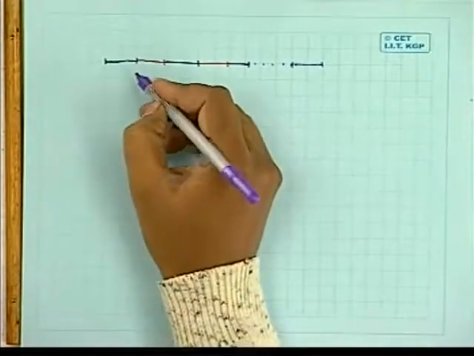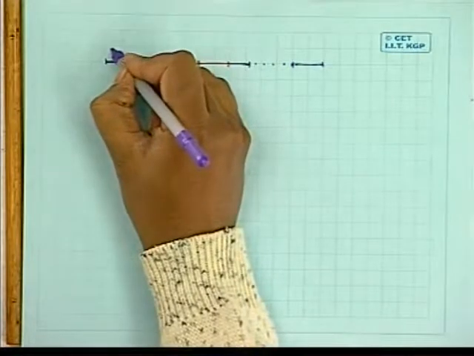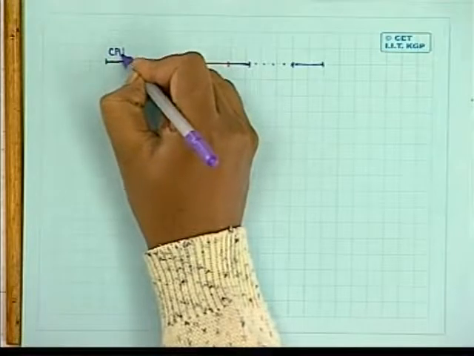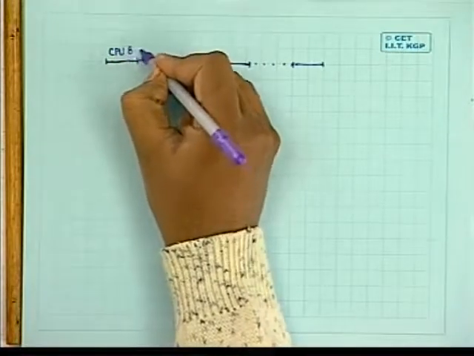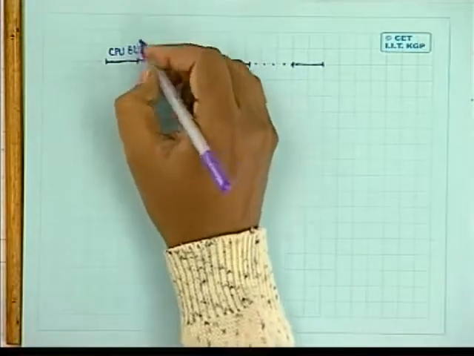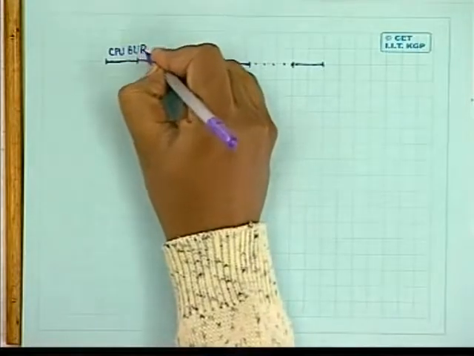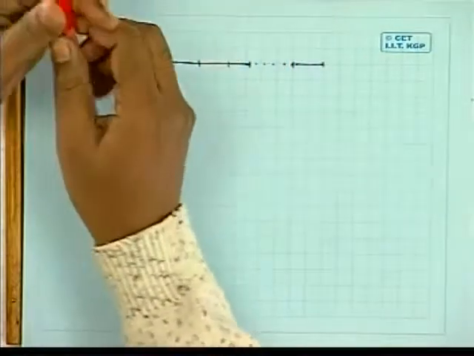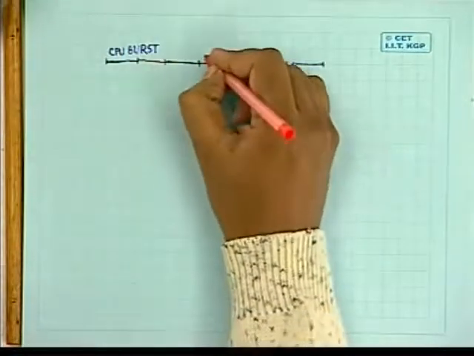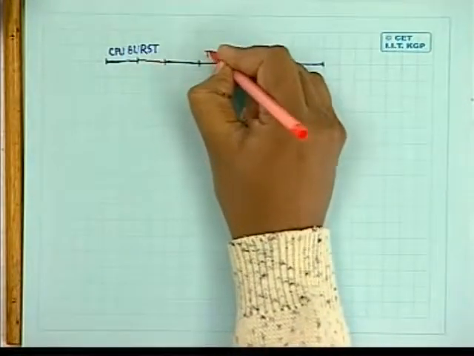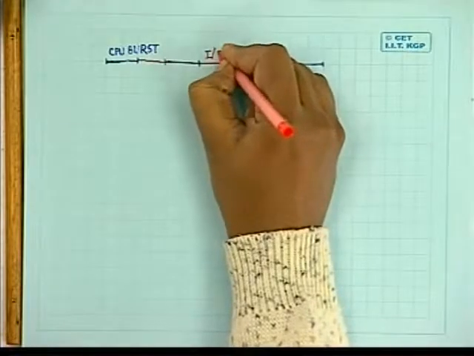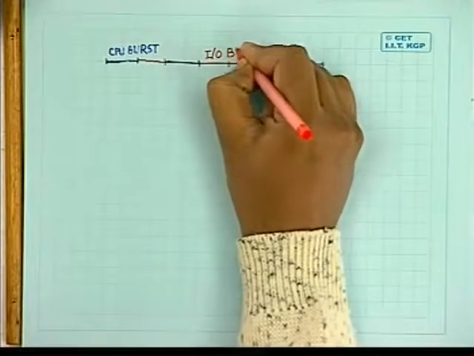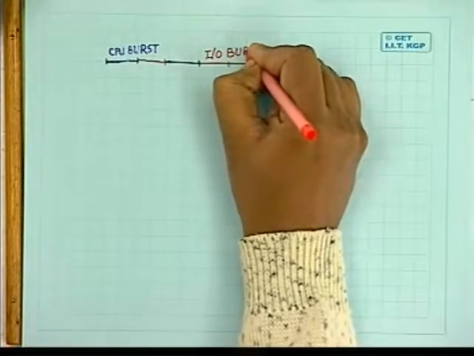So all these green intervals, let us call them as CPU burst. And all the red intervals, let us call them as IO burst, because this is the time during which the program is performing some IO operation.